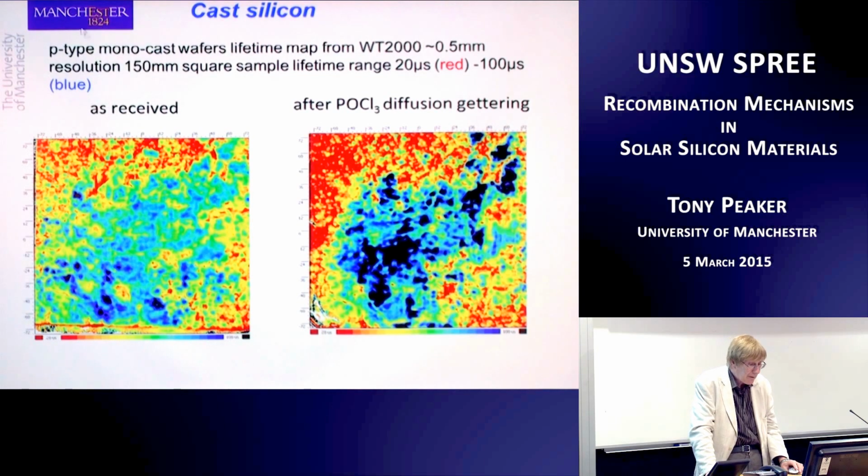And here you see, I forget exactly where, I think this was cut from about the middle of this ingot. It shows you the effect of gettering and the sort of effect that we always seem to say when you do a gettering process, that the good parts get better and the bad parts get worse.